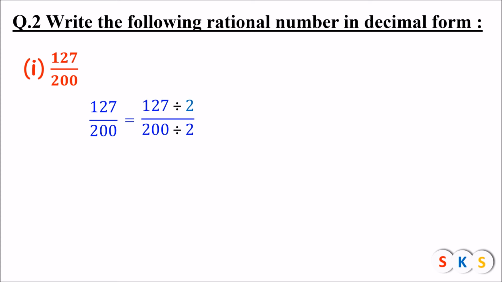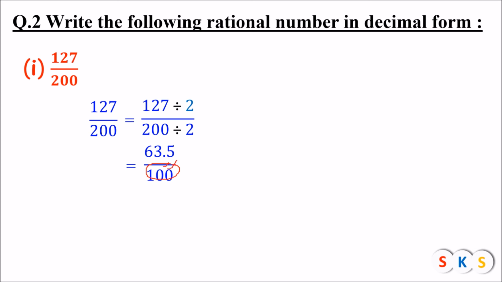If I divide 127 by 2, I will get 63.5, and when we divide 200 by 2, we will get 100. 63.5 upon 100. Now it's easy to convert this fraction into decimal form. You can see the denominator of this fraction is 100, right? There are 2 zeros in this denominator.